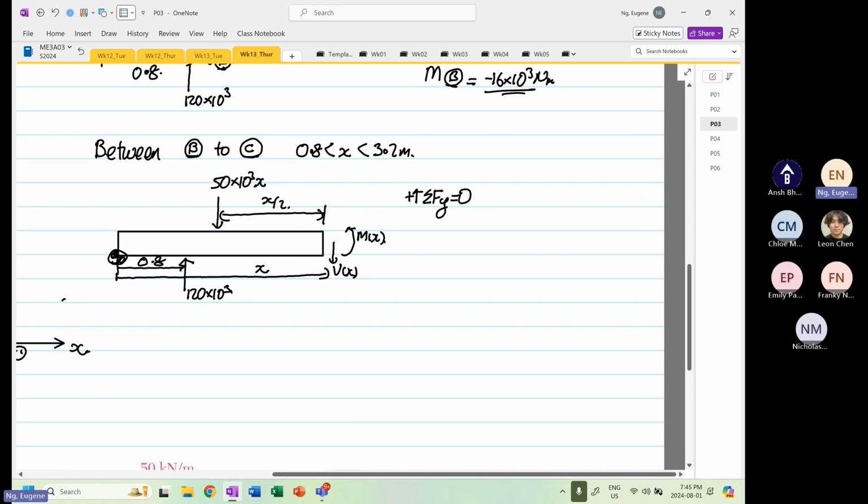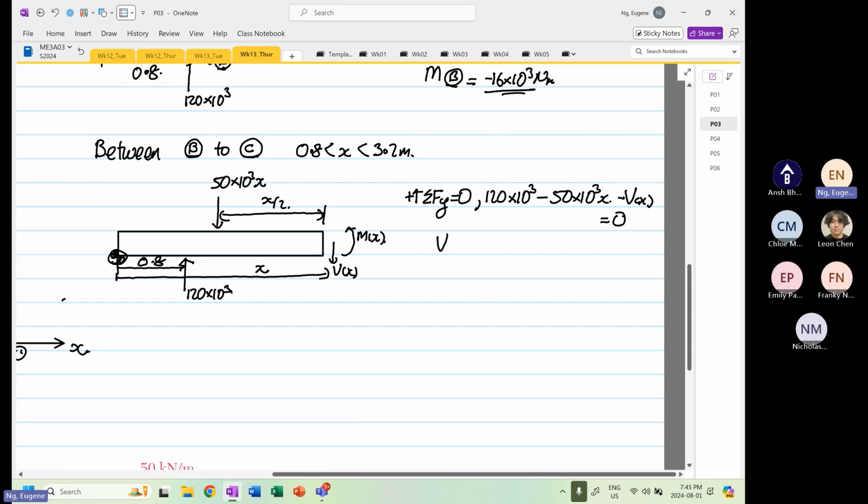So this will give 120 times 10 to the power 3 minus 50 times 10 to the power 3 x, minus V as a function of x, and the whole thing is equal to 0.